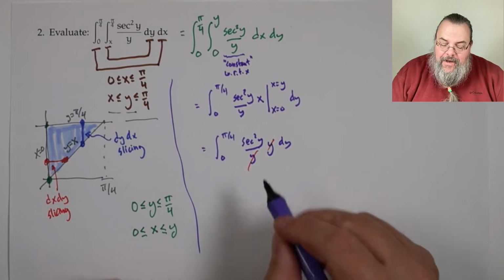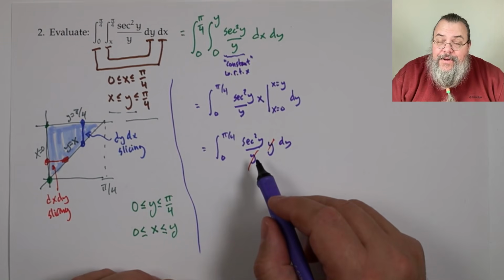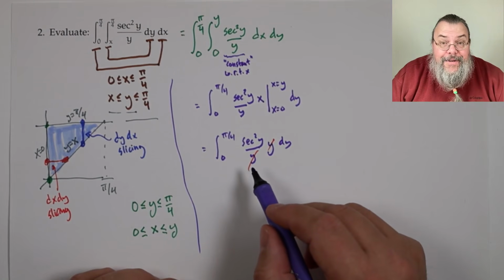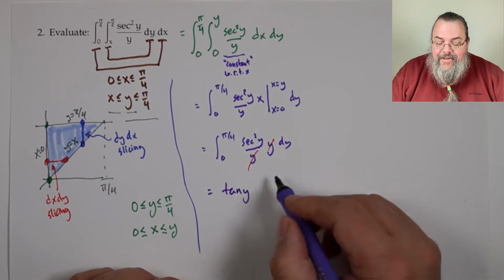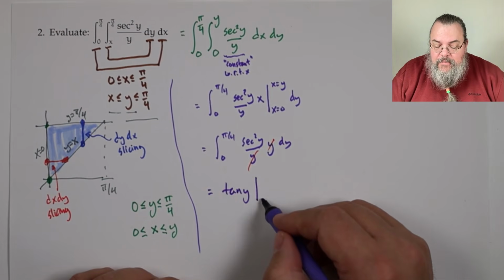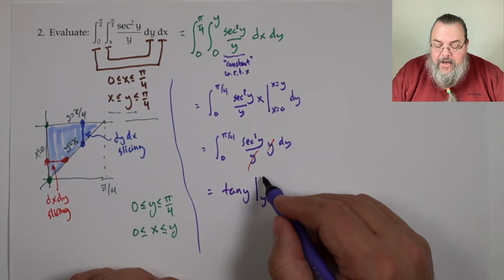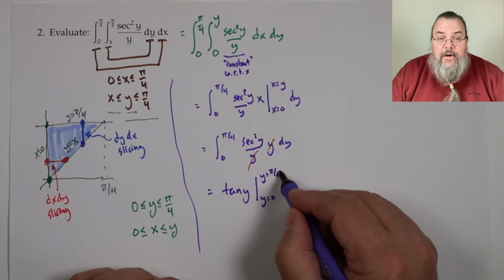All right, now we're left with secant squared. Do we know the integral of secant squared? Yes. It's tangent. Nice. So tangent from y equals 0 to pi over 4.